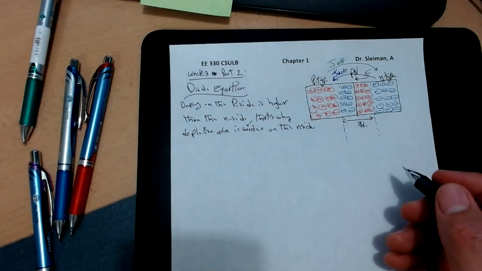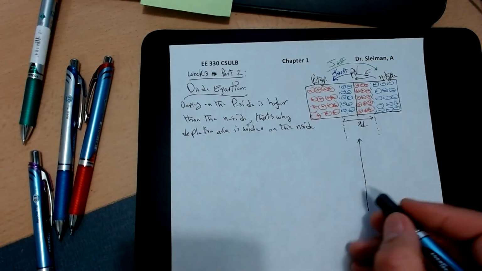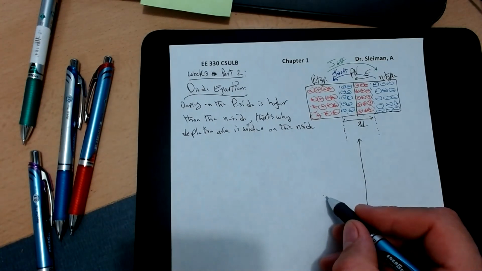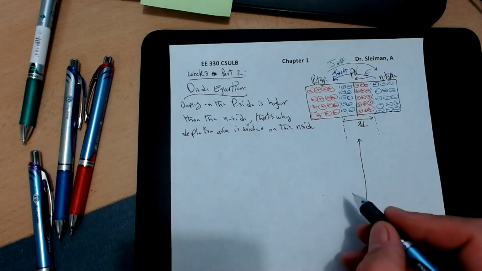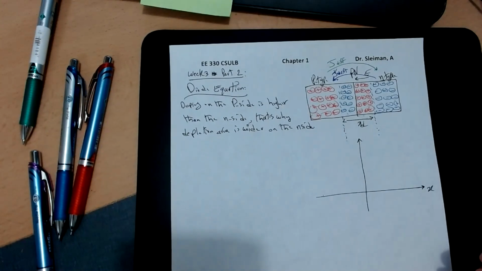Okay, so usually, let's see, this is the minority carrier concentration versus distance.